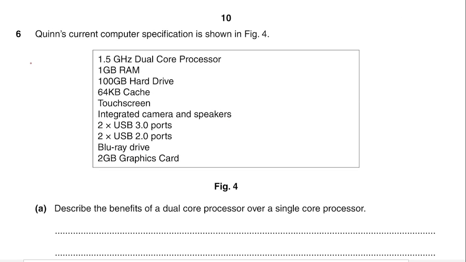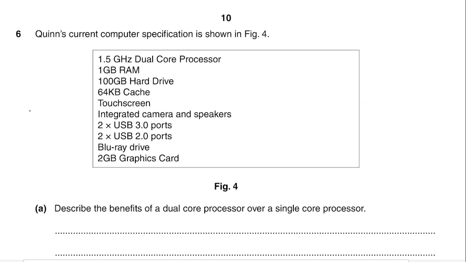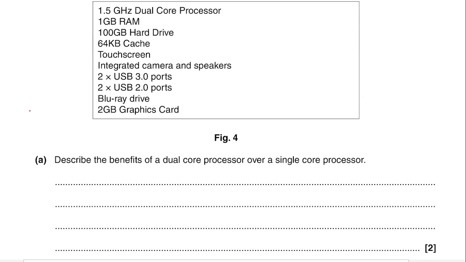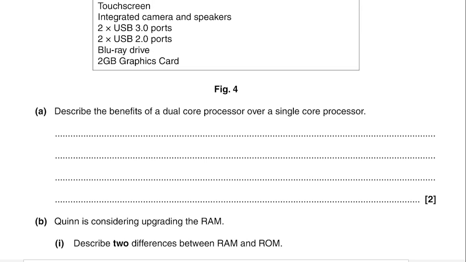For question 6, we're given a computer specification and we have to describe benefits of a dual core processor over a single core. So dual core means you've got 2 cores. Hopefully that's understood. And it means it will support something called multitasking, where it can basically process 2 tasks at the same time.